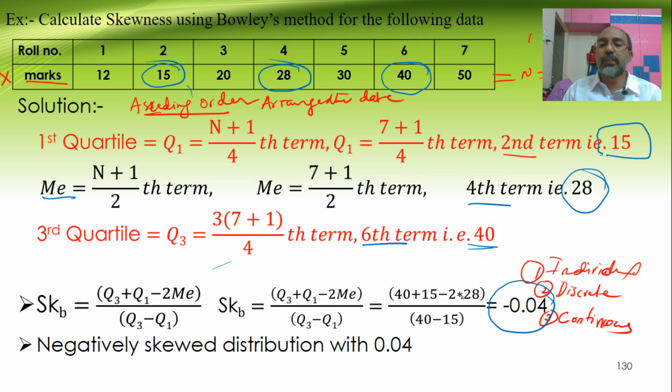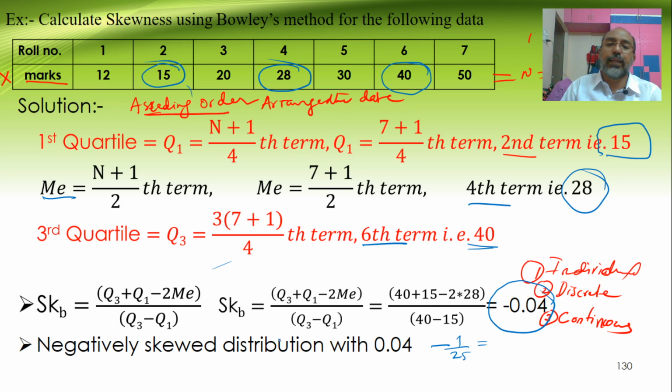So 55 minus 56 gives minus 1, divided by 40 minus 15, which is 25. So minus 1 by 25.